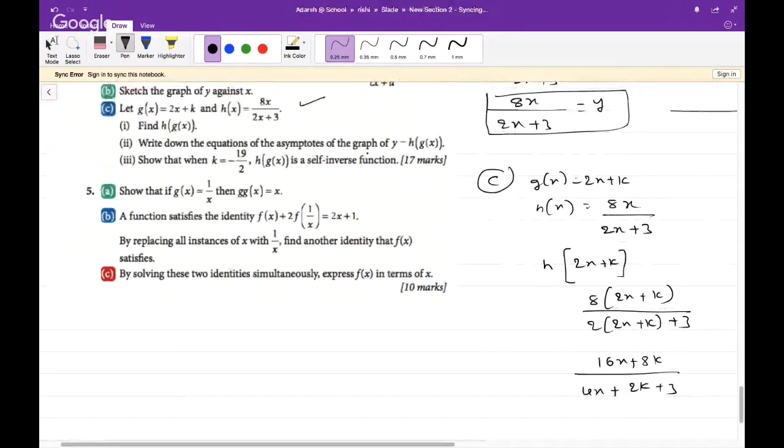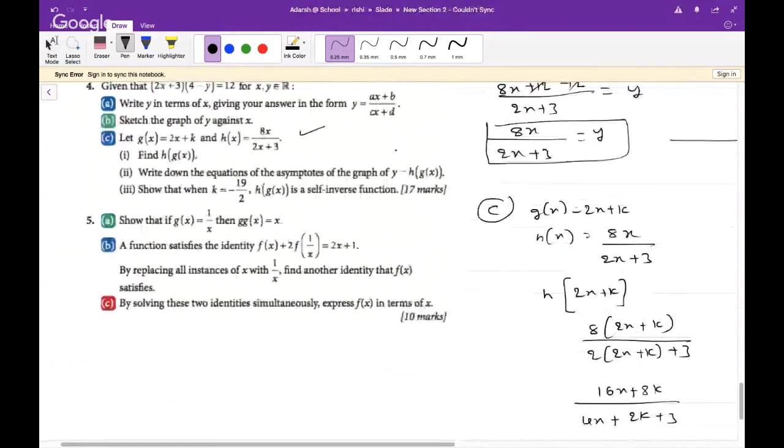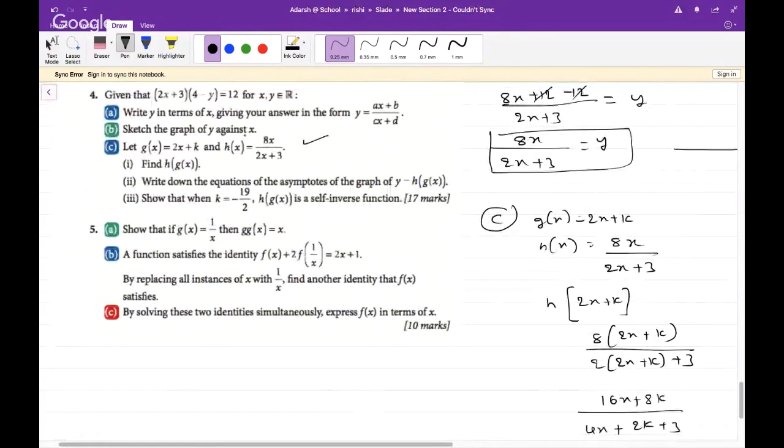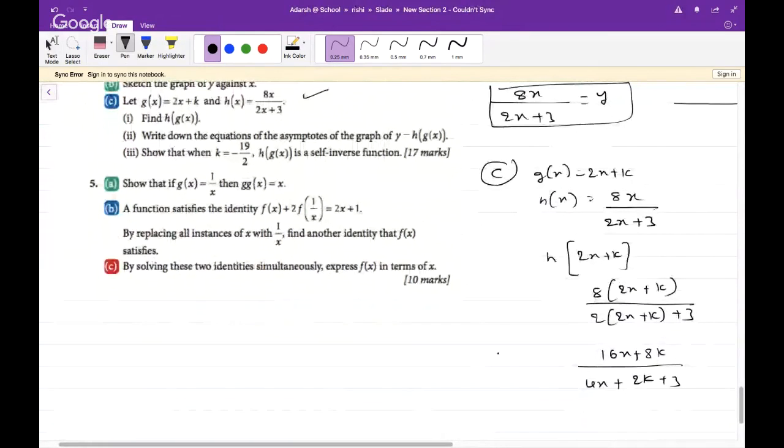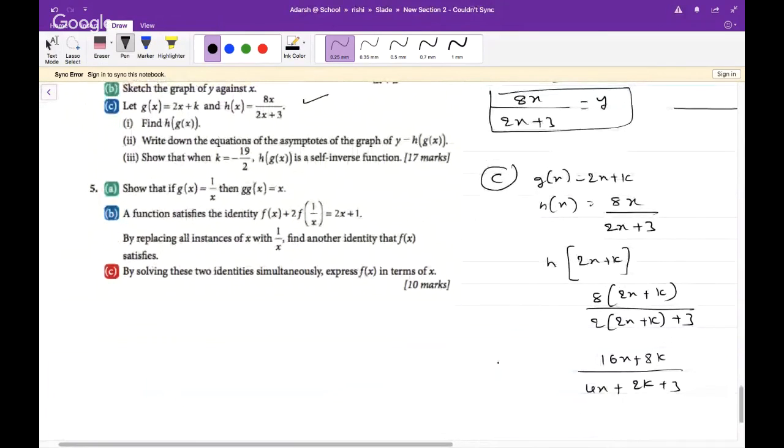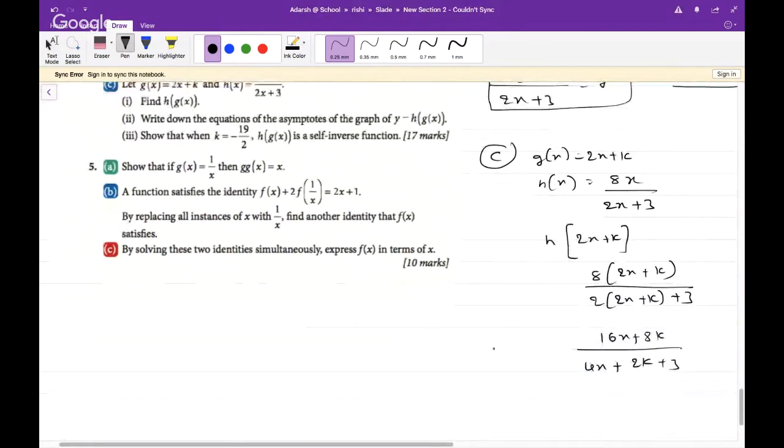Write down the asymptotes of the graph y minus h of g of x. So y is this function. Y minus this.